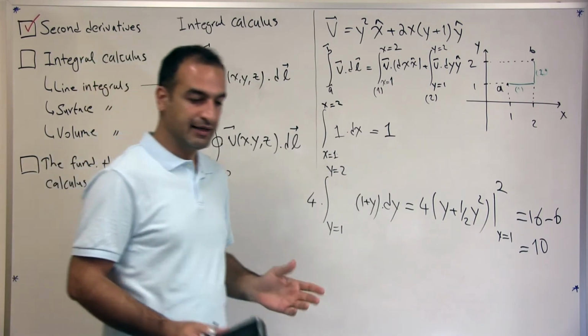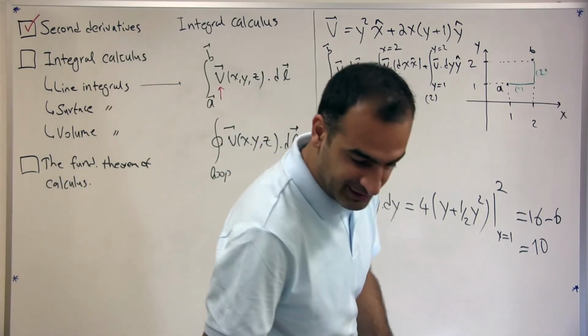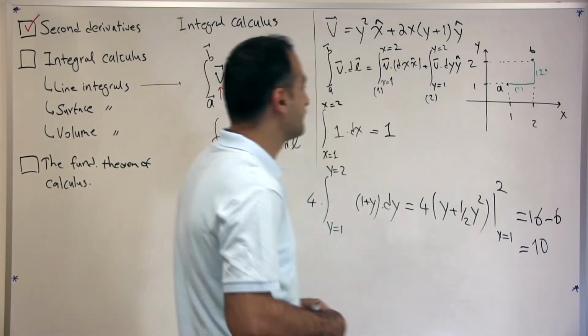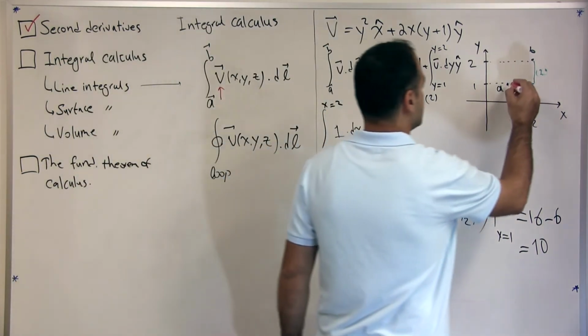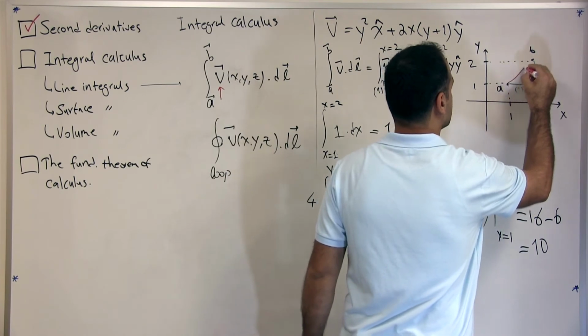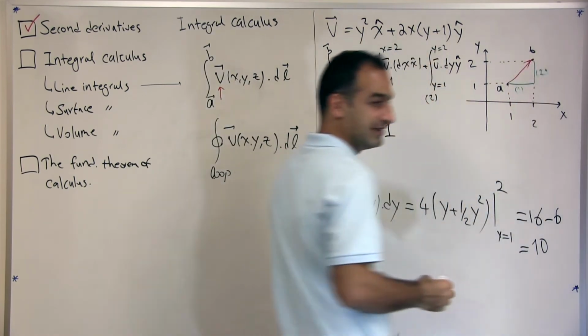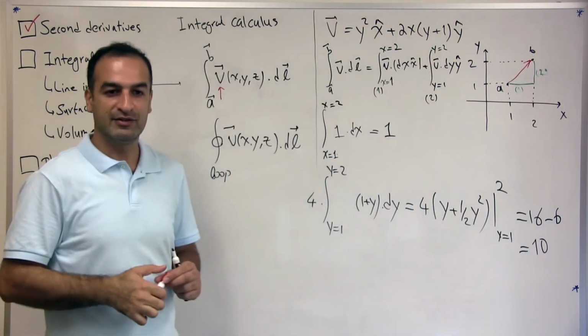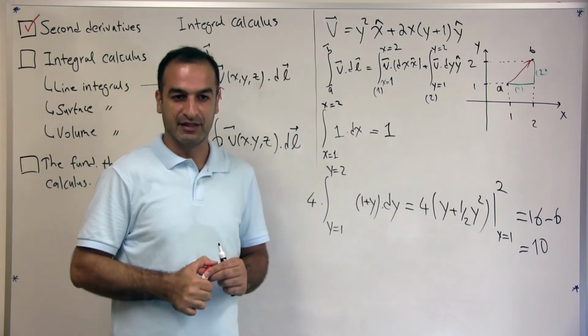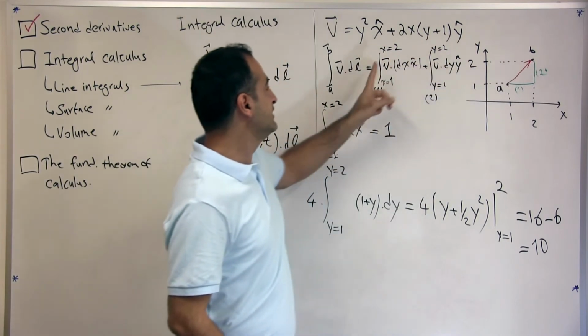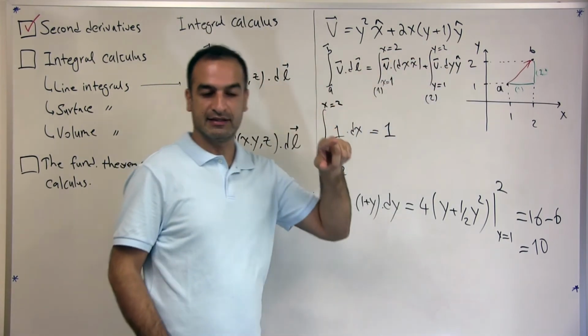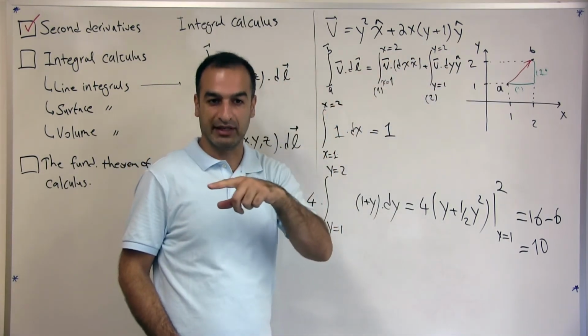Now, there is an alternative way of doing it, going from A to B, taking a different path. Let's say you move from here to here straight. Then the integral you want to do is going to be completely different. Then you have one integral on a path where your dl is dx x hat plus dy y hat.